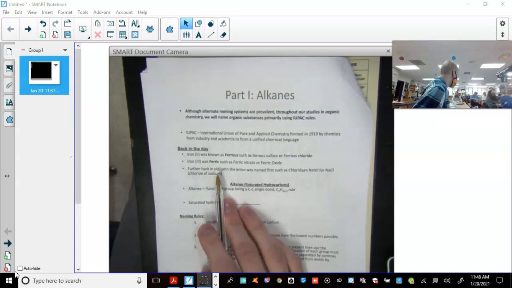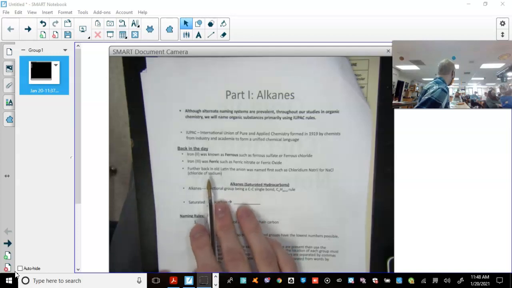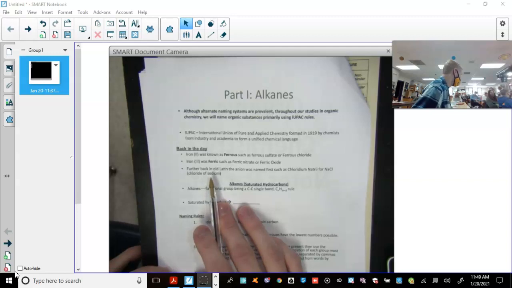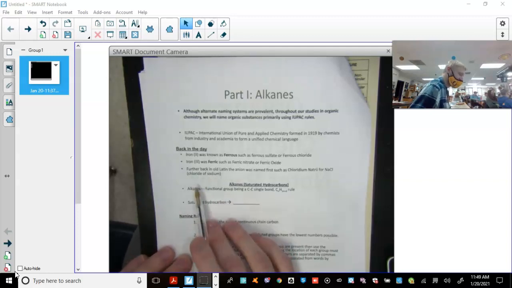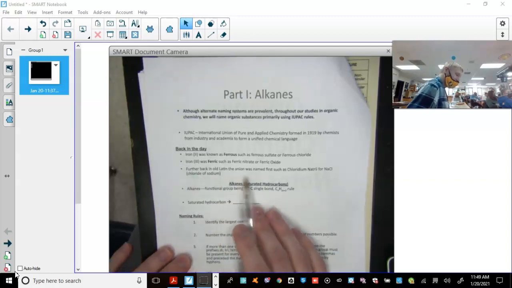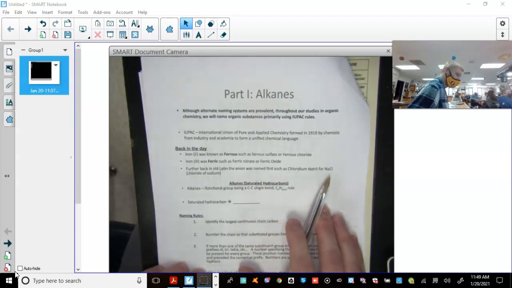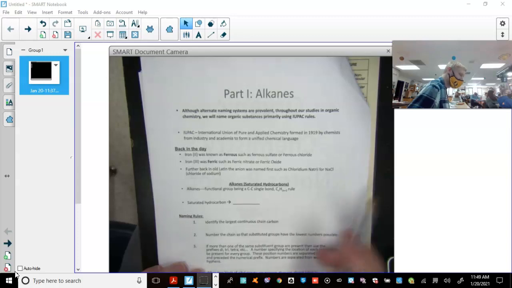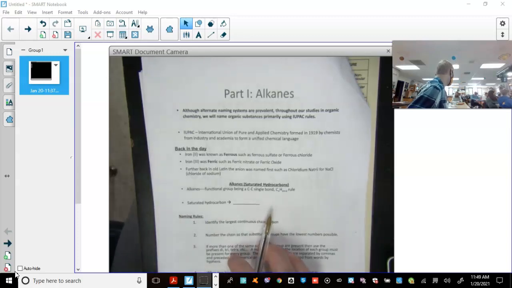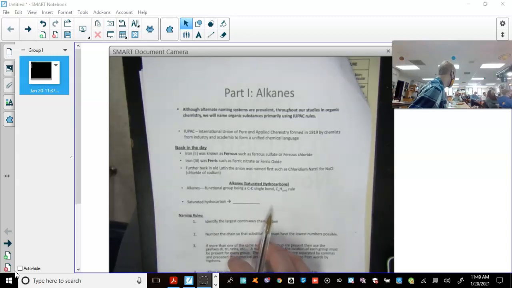So, you might see that referred to in an old textbook. It'd be really interesting to read a textbook from 1910. It would be totally different. Be like, what are they talking about? Further back in Old Latin, the anion was named first, such as chloridium nitride for sodium chloride. So names have changed. Maybe they'll change in the future, but for now, especially for the IB test, it's going to be the IUPAC.